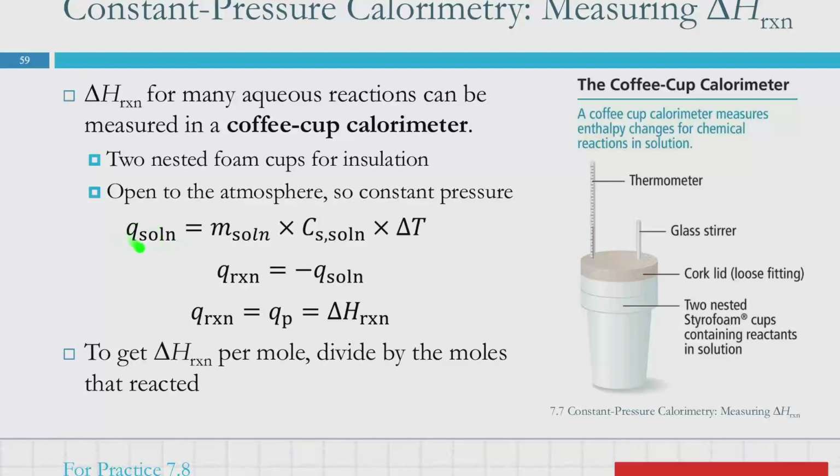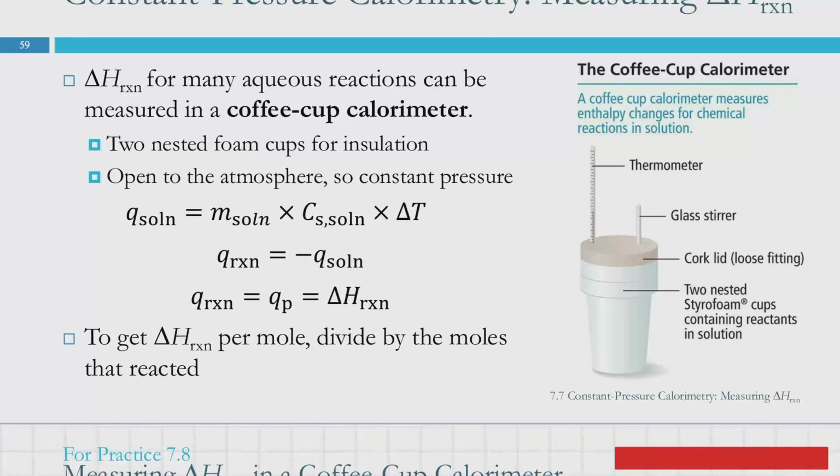So the heat that was produced in our solution when we did a reaction, or in the case of our calorimetry, we were just exchanging heat. In this case, we are doing a reaction, so the heat produced by our solution is equal to the mass of the solution times the specific heat value of the solution and our change in temperature. Our reaction is producing whatever heat our solution absorbs. So if the temperature of our solution goes up because of a reaction occurring, that heat we would expect to have come from the reaction.